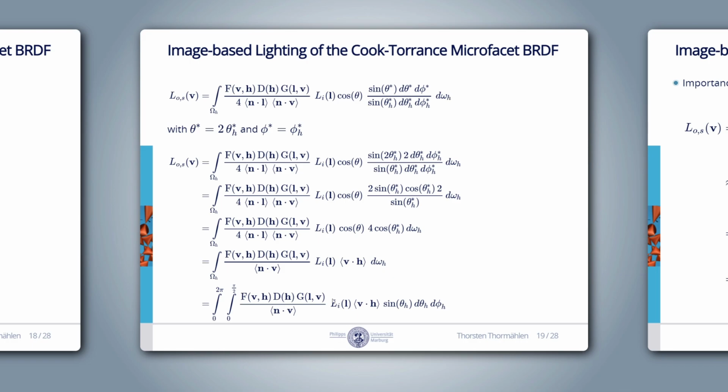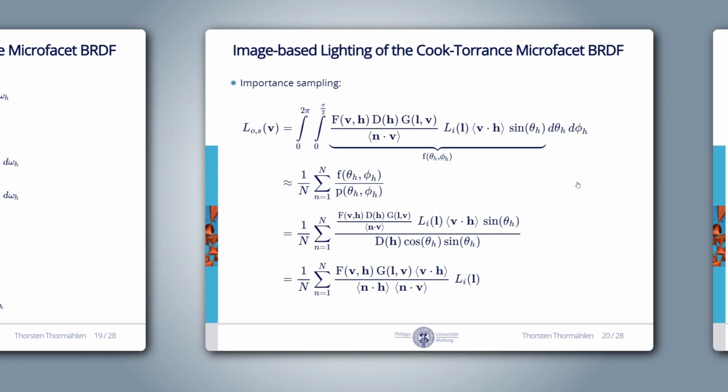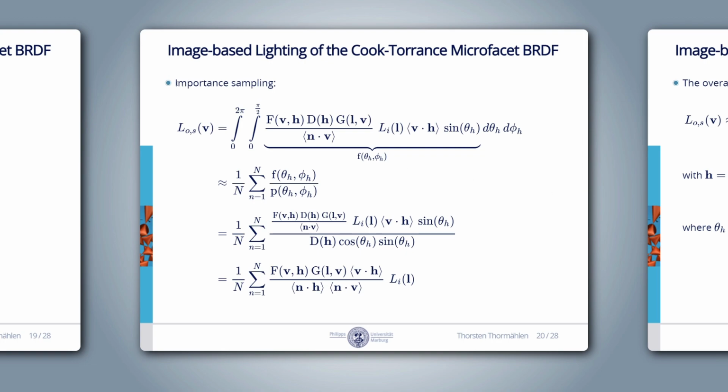We can transform it into a double integral of the two variables theta h and phi h. Note that here we use theta h and phi h without the star, which means these are spherical coordinates relative to the surface normal. Now, let's solve this double integral by importance sampling. This is our function f of theta h and phi h.